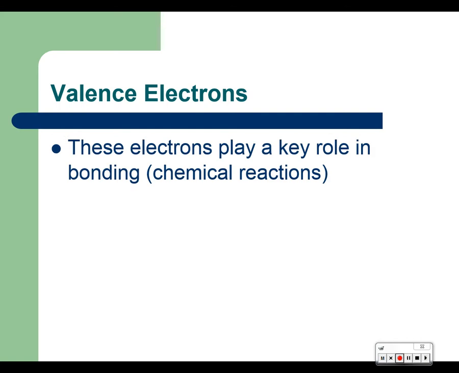But, more importantly, these electrons are important when we talk about how atoms react with other atoms. And that's what we call chemical reactions. We will spend the next couple units talking about how chemical reactions occur and then why they occur. All right, that's where we head a little bit later on in this course. Okay?